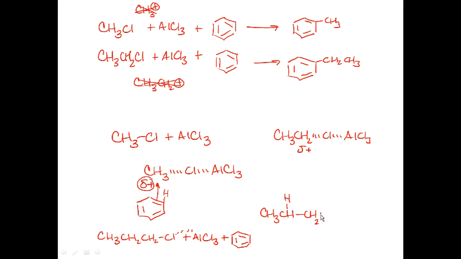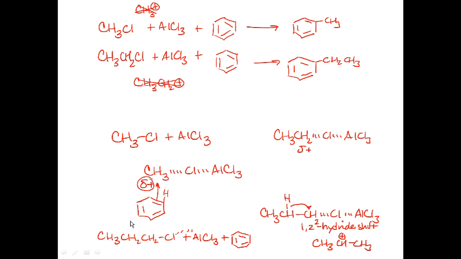If I form that transition state or high energy species where the chlorine is being pulled away, we'll get a 1,2 hydride shift. That 1,2 hydride shift then forms a secondary carbocation and not the primary one that is our goal if we wanted to add a propyl group to the benzene ring.